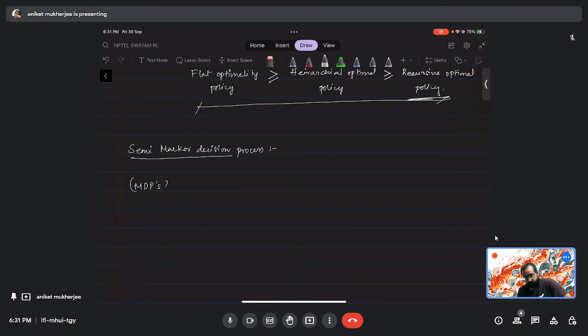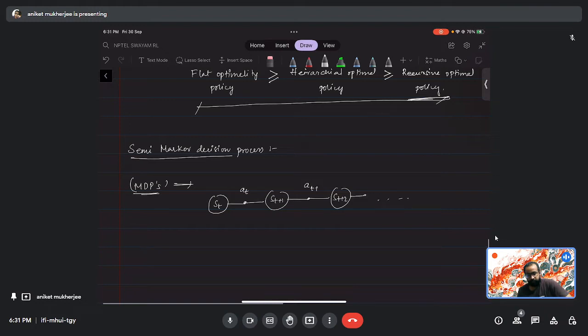MDPs are Markov decision processes, which have some form of Markovity in them. Basically, you have state S_t, you pick action A_t, you go to state S_{t+1}, you pick action A_{t+1}, and go to state S_{t+2}.